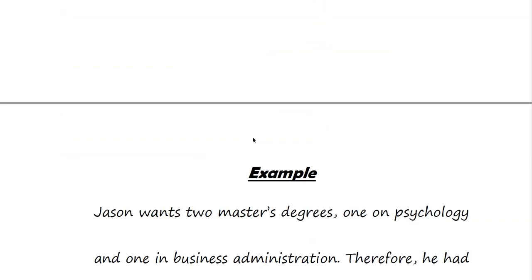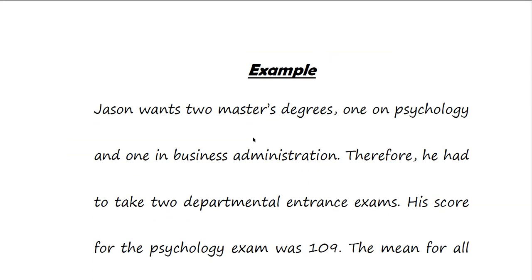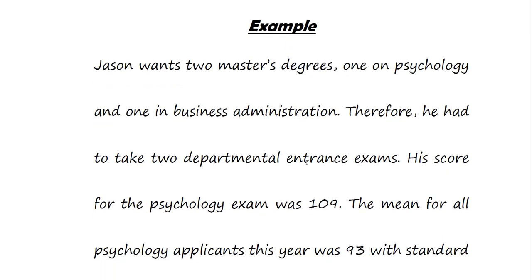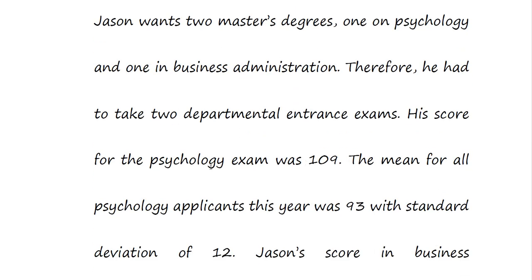Here is another example. Jason won 2 master's degrees, one in psychology and one in business administration. He had taken 2 departmental entrance exams. His score for the psychology exam was 109.